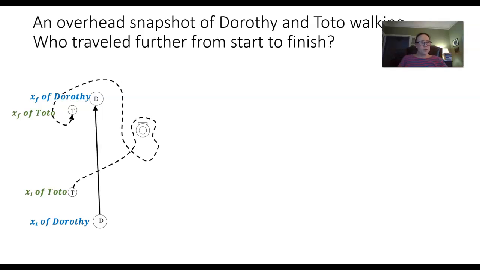So if you just cared about who actually managed to reach a further point from where they started, then you might say that Dorothy has traveled further. So there are really two ways of looking at who traveled further, and I think they're both valid.